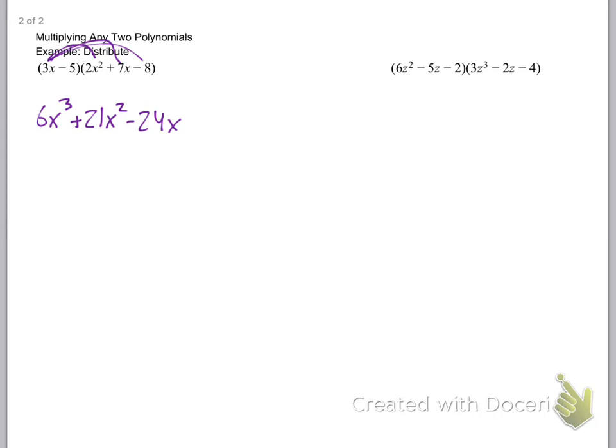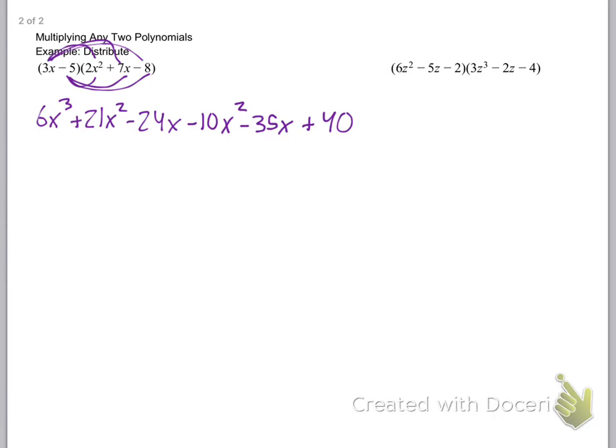I now go through and distribute the -5. -5 times 2x squared, -10x squared. There's no other x's, right? Just the x squared. -5 times 7x, -35x. And -5 times -8, 40. Plus 40. Negative makes a positive.